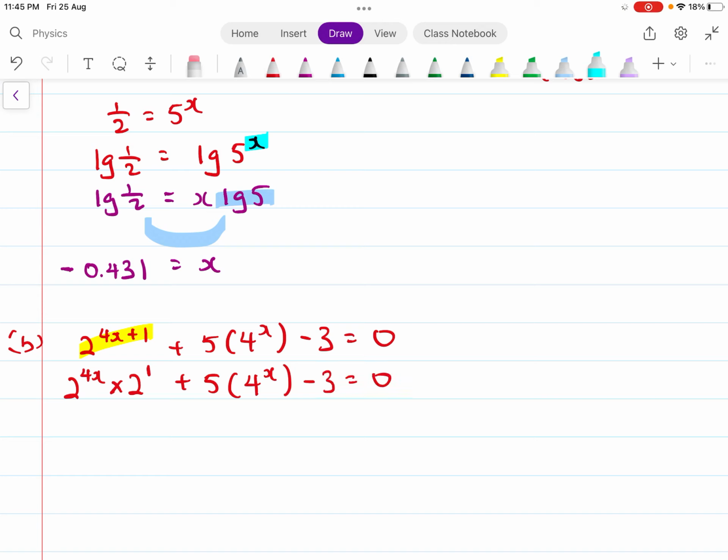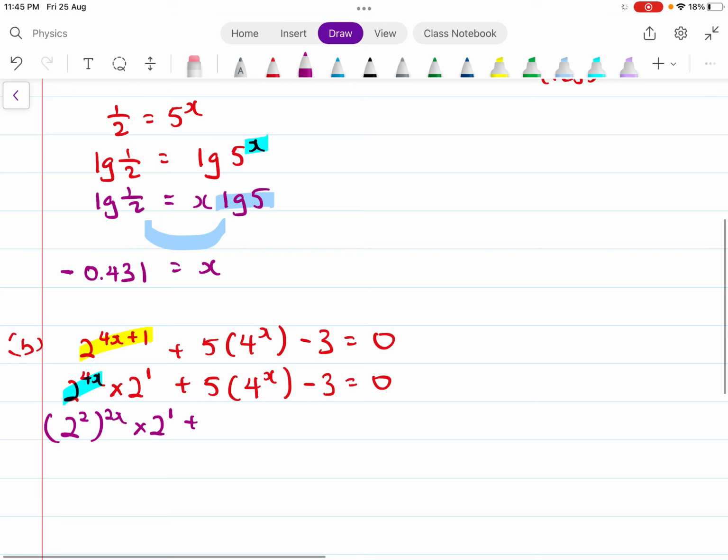So you look at this, 2 to the power of 4x, I can actually put in terms of this. So 2 squared, so this is 2x. I just split the 4x equal to 2 times 2x, which is equal to 4x. So multiply by 2 to the power of 1, plus 5 times 4 to the power of x, minus 3 equal to 0.